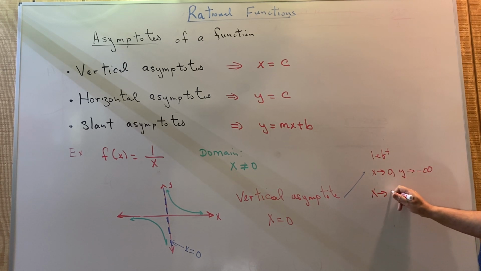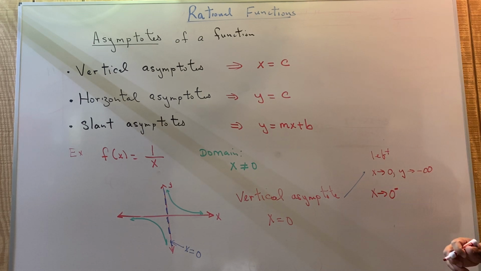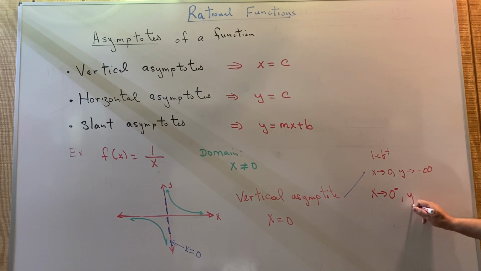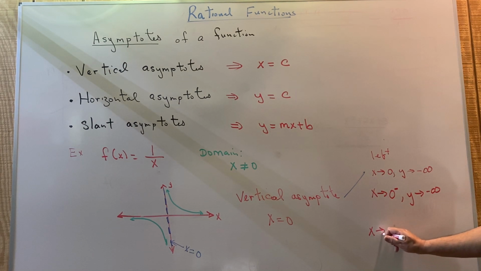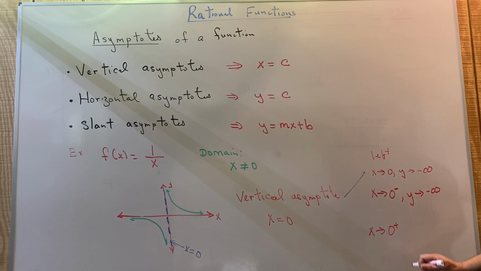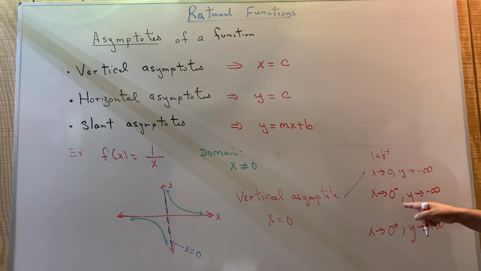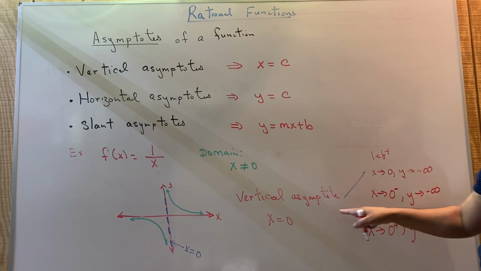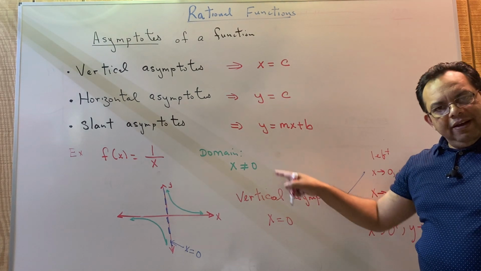Sometimes we write a little negative sign there, meaning from the left side of 0, and you say that y is approaching negative infinity. And as x approaches 0 from the right side, y is approaching positive infinity. You will notice that this will always happen when you look at the height of the function at an x value that was taken out of the domain.